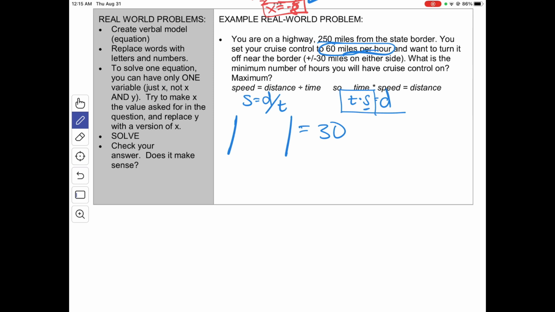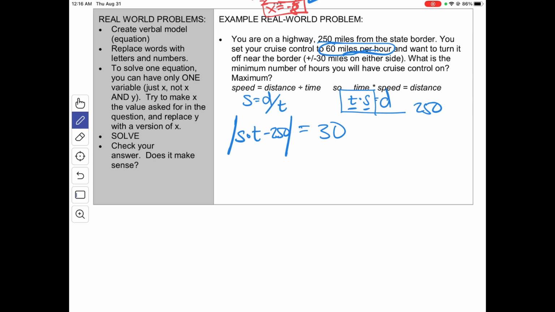If I multiply that by the time that I'm traveling, that will give me the distance. And I want that distance to be compared to 250. If I subtract 250 from the distance that I travel, that should get me within 30 miles of the state border. So I'm going to say that my speed times my time minus the 250 miles that I have to go to the state border is going to get me my value of 30 here.